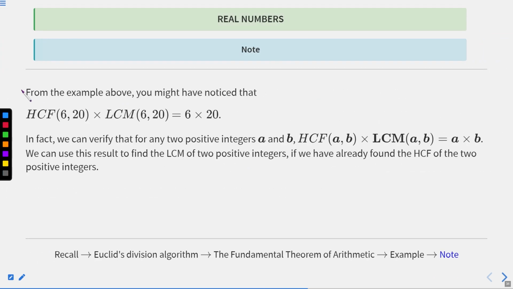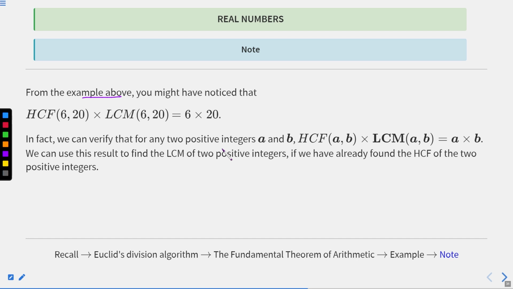Now from the example above, you might have noticed that if we take the HCF of 6 and 20 and the LCM of 6 and 20 and multiply them, the HCF of 6, 20 into the LCM of 6, 20 basically gives us the product of the two numbers, 6 into 20.